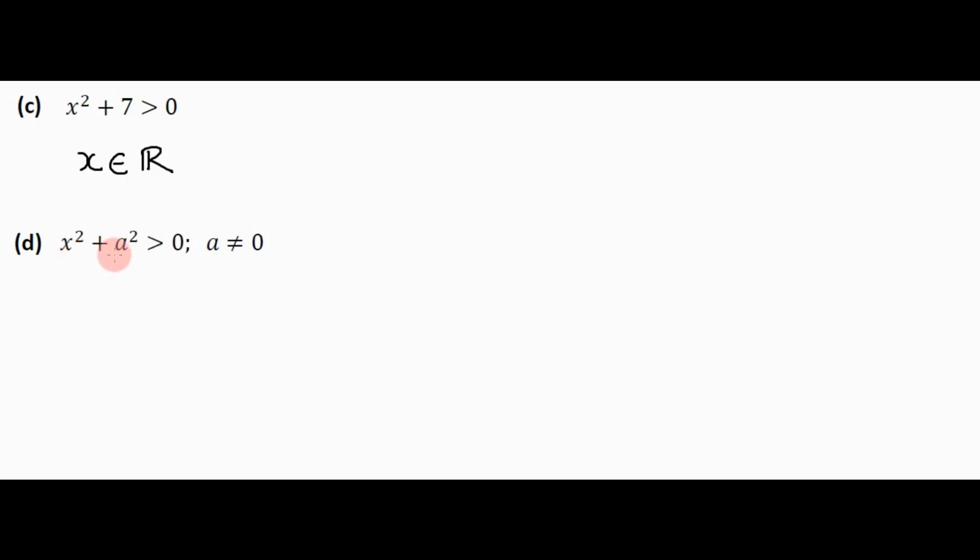It will only be equal to 0 if both x and a are 0, because then we'll get 0 squared plus 0 squared, which we know is 0.